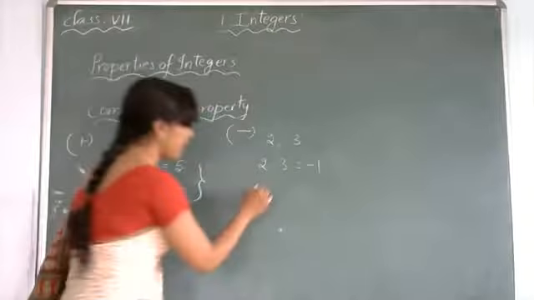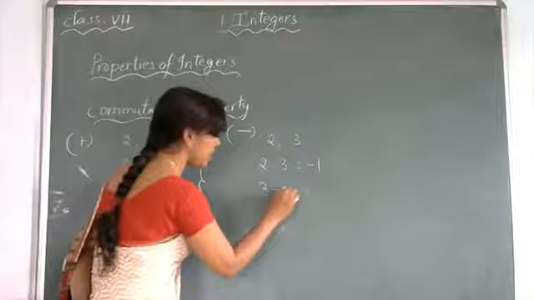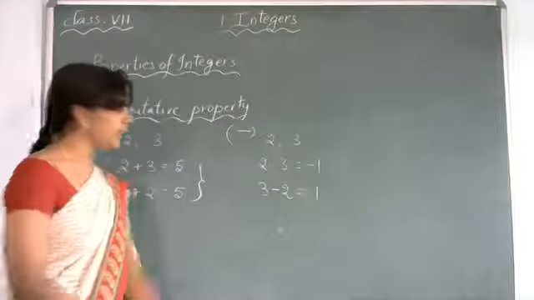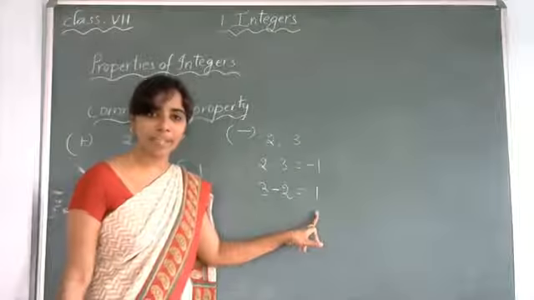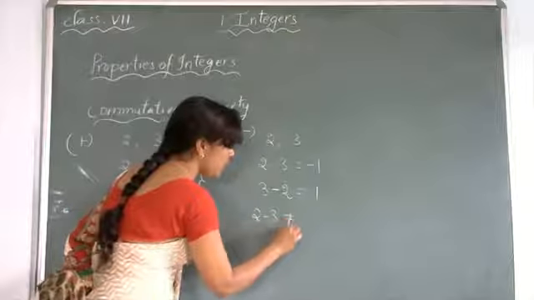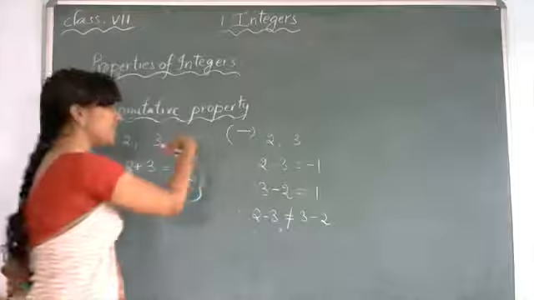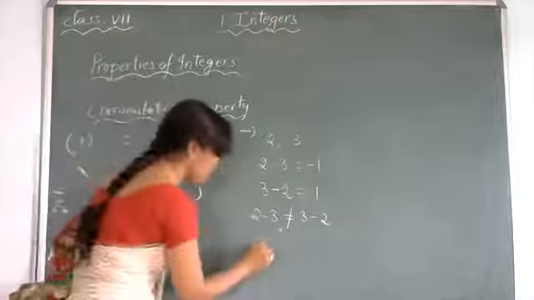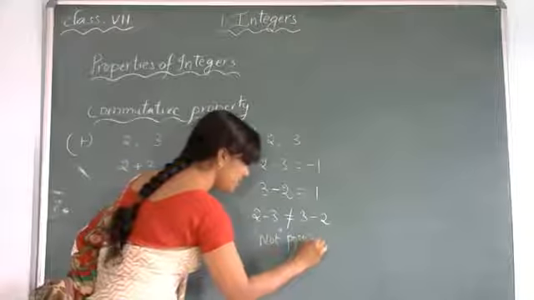If we change the position of the numbers, 3 minus 2, we get a positive number. Here we got a negative number, here a positive number. Are both same? No. So 2 minus 3 is not equal to 3 minus 2. That means the commutative property under subtraction is not possible.